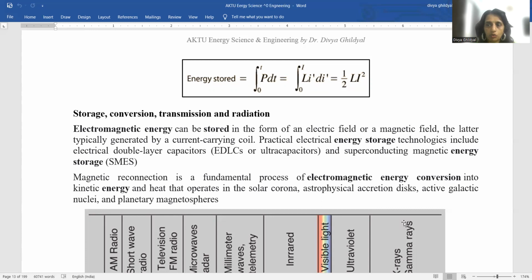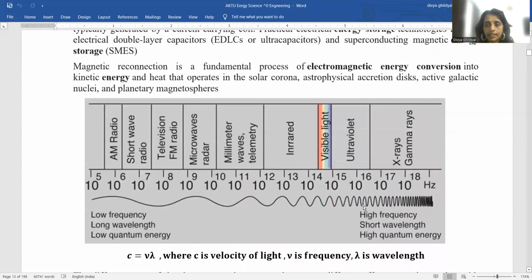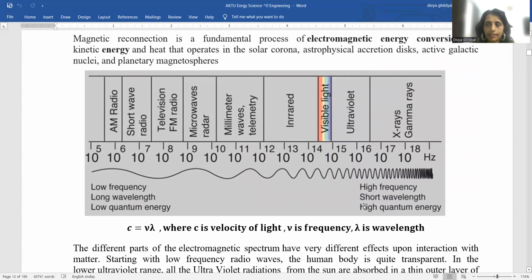Once this charge is stored in the capacitor, it can be used wherever you require an electric current due to the flow of charges. Similarly, electromagnetic energy, which we get from the sunlight.